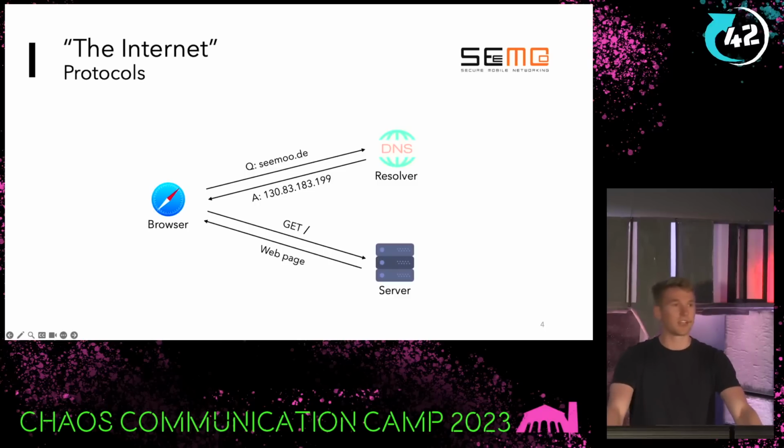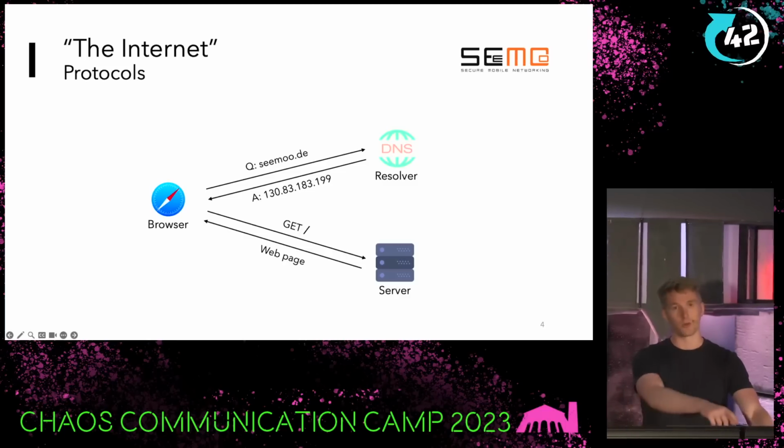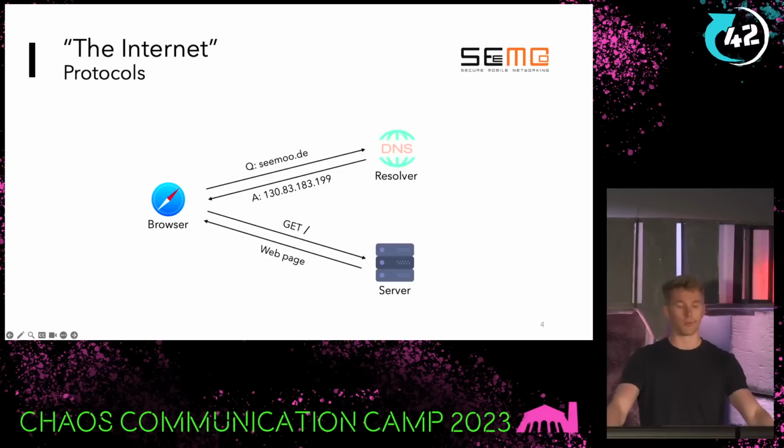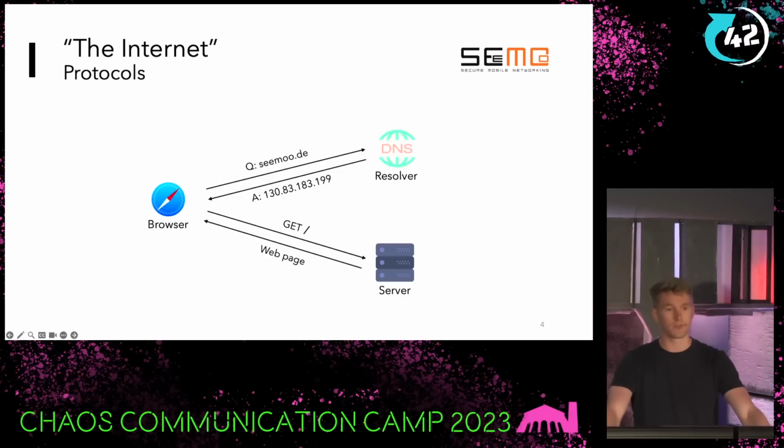So let's start with a quick introduction into internet protocols, in an abstract way. What happens when you're visiting a website with your browser, for example in the Apple ecosystem with Safari? First, your browser or operating system performs a DNS request to a DNS resolver with the particular host name, in that case CIMO.de.